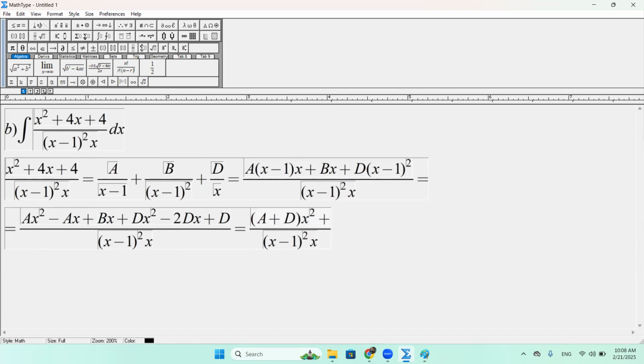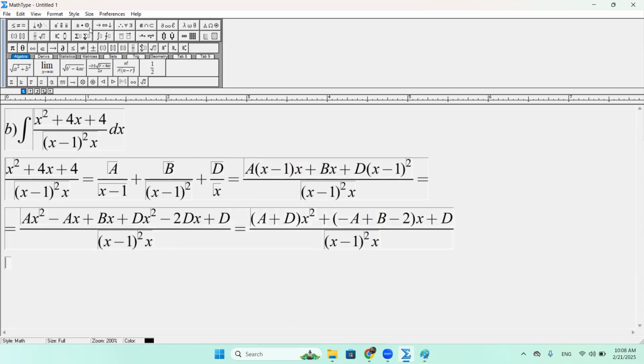For x in power of 1, minus a plus b minus 2d. And for power of 0, only d.